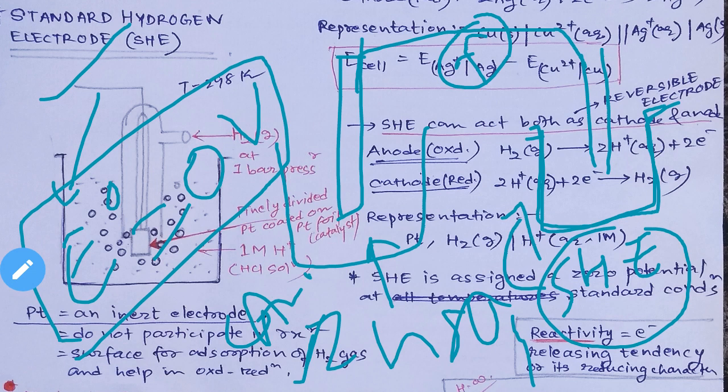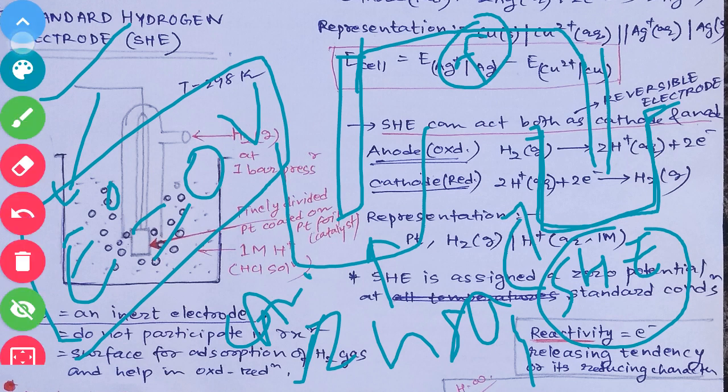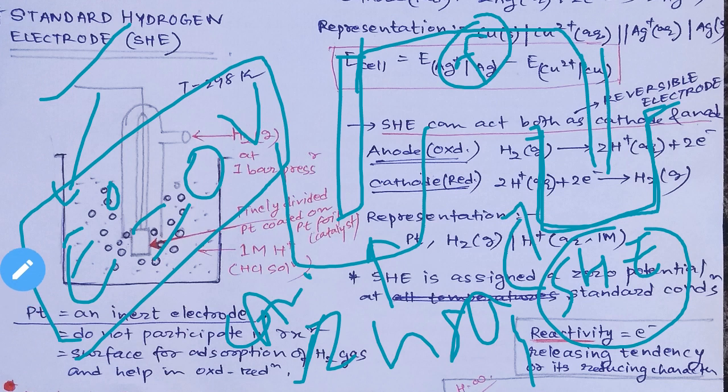So the standard hydrogen electrode, first of all, acts as a reference electrode. Reference means it can be used with any other electrode to find the electrode potential. And the second point is that the standard electrode potential of the standard hydrogen electrode is always, by definition, kept at 0 volt.